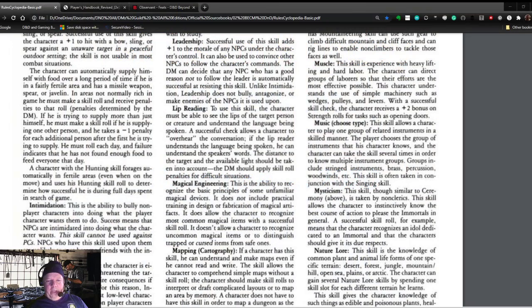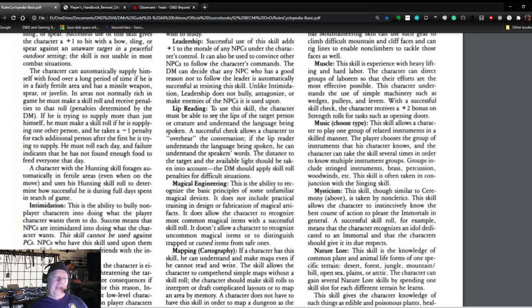Alright, so what we find in the earliest edition of the game is that there is a skill called lip reading. To use this skill, a character must be able to see the lips of the target person or creature and understand the language being spoken. A successful check lets you overhear the conversation.